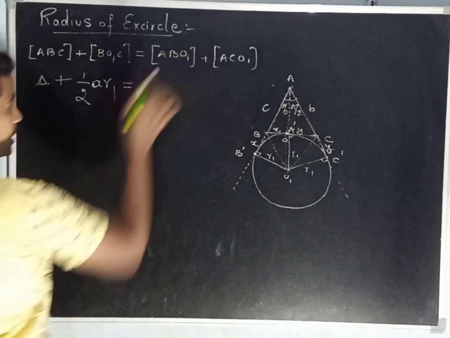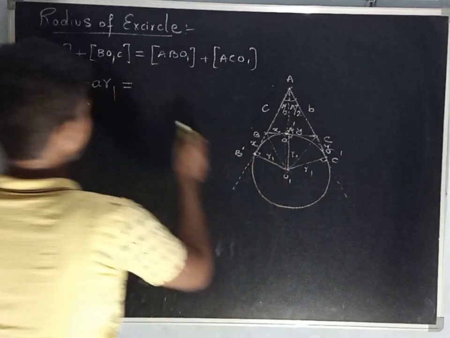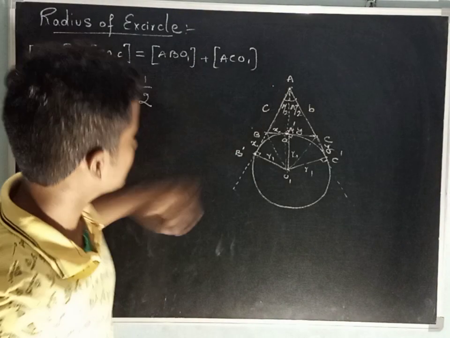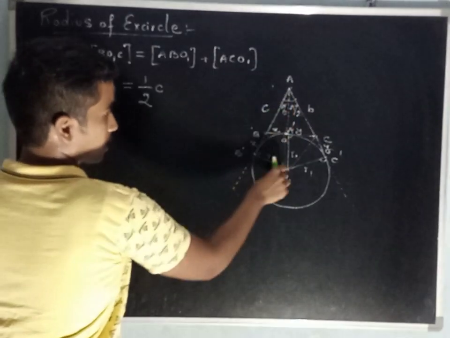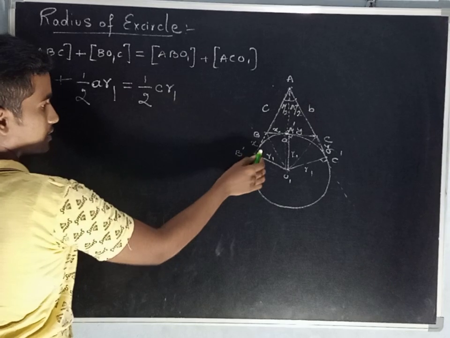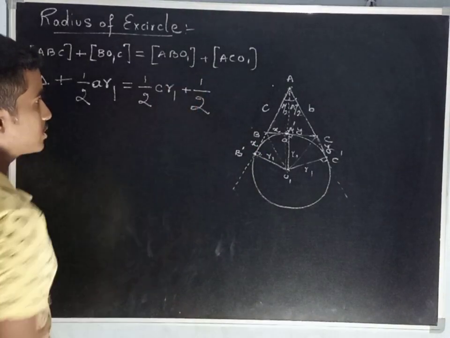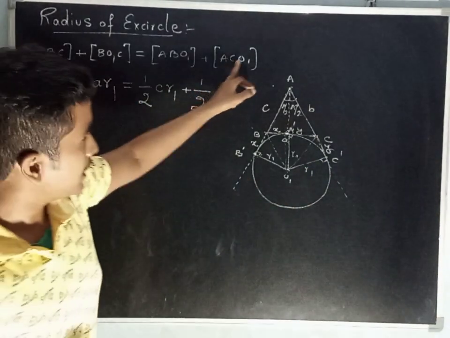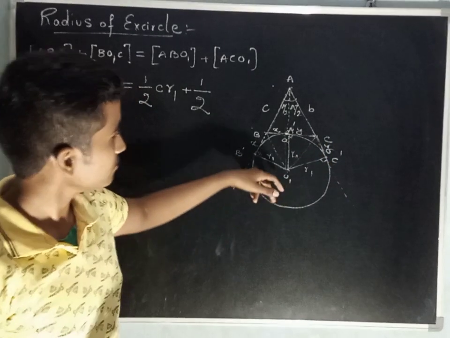Okay. Area of triangle ABO1. Half into base. Base is nothing but C, into height. Height of the triangle is R1, because it is a right angle, plus half into area of triangle ACO1.